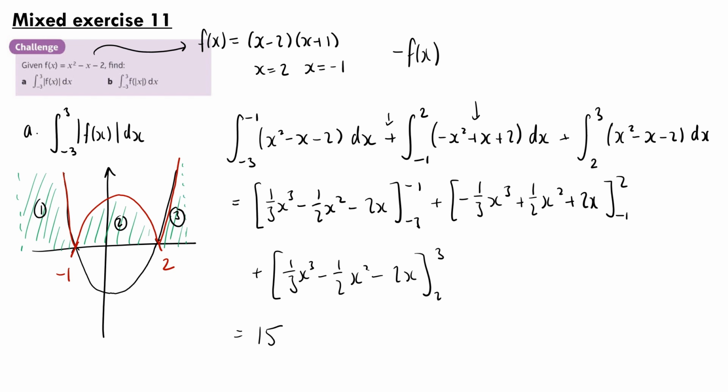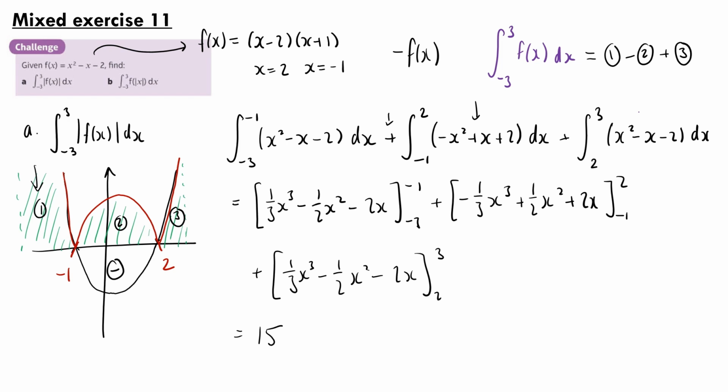And just to quickly note, another method which is perhaps more efficient would have been to take the integral of minus 3 to 3 of f of x, and just note that that would have given you this area 1 here, then a negative lot of area 2, and then area 3.